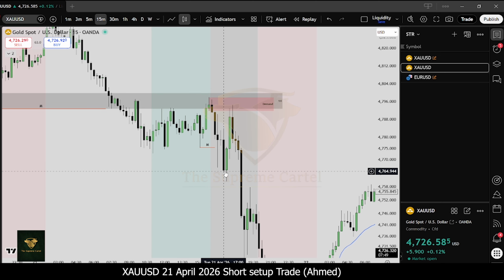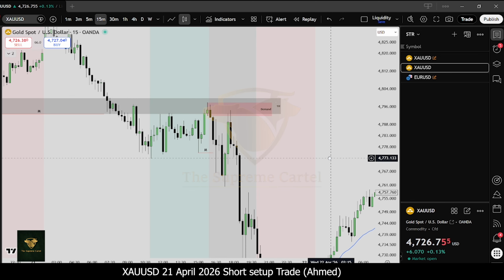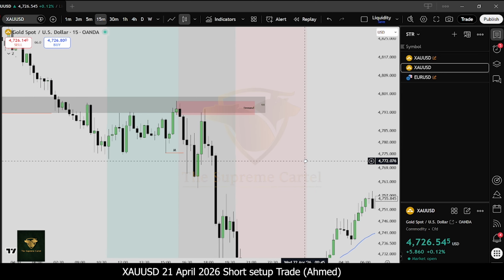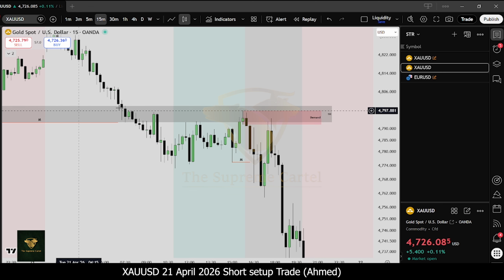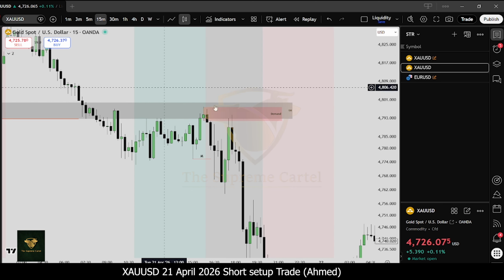As soon as this change of character took place, I marked my POIs. The main POI that I was able to find was this specific order block over here, which was indeed aligned within this resistance level. This specific order block I had marked.